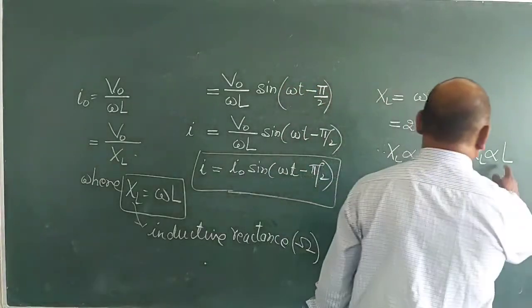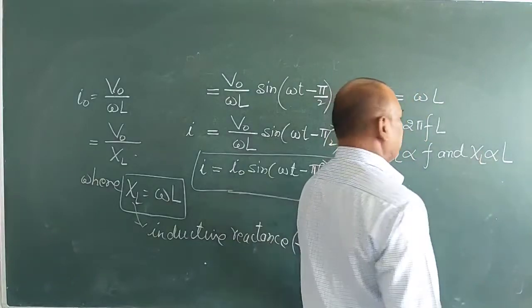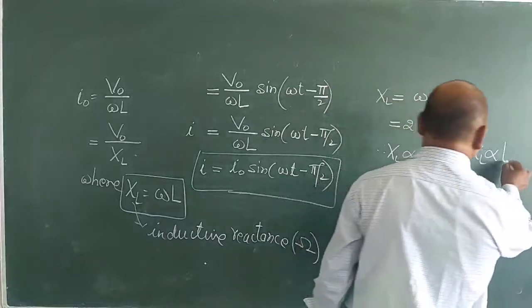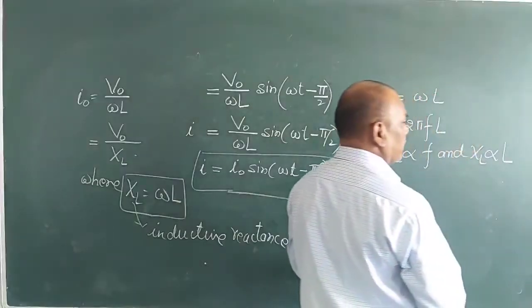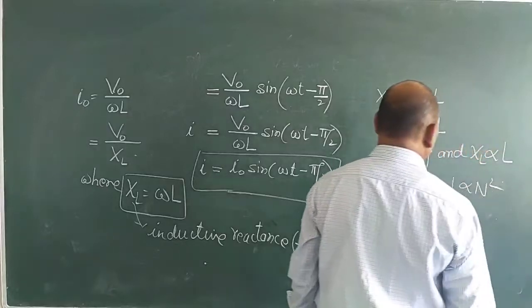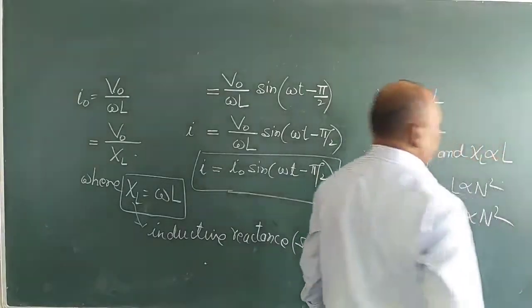Similarly, if we take a higher coefficient of self-induction, then XL also increases. If we increase the number of turns in the coil, then L is proportional to N square, so directly we can say XL is proportional to N square.